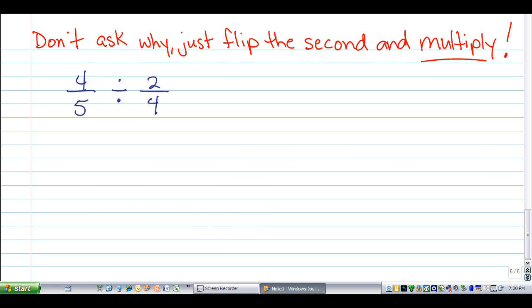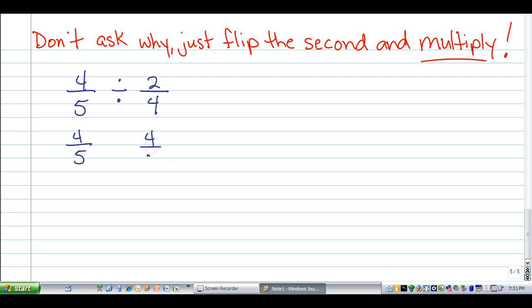Okay, go ahead and write down this problem. 4/5 divided by 2/4. And don't ask why, just flip the second and multiply. Okay, go ahead and work this out. Rewrite 4/5. What do we do to the 2/4?